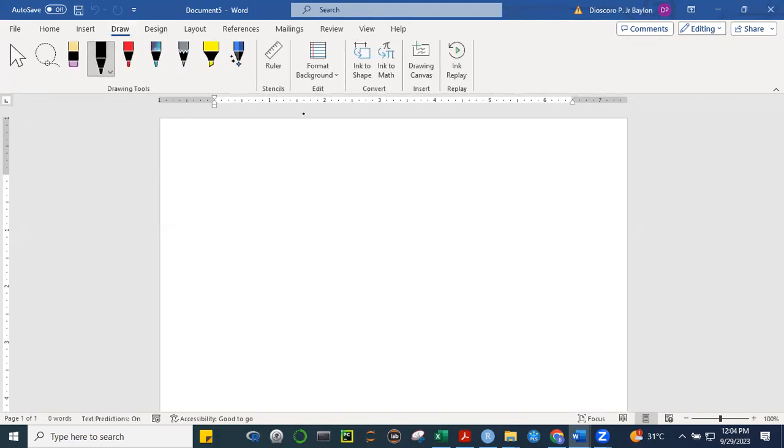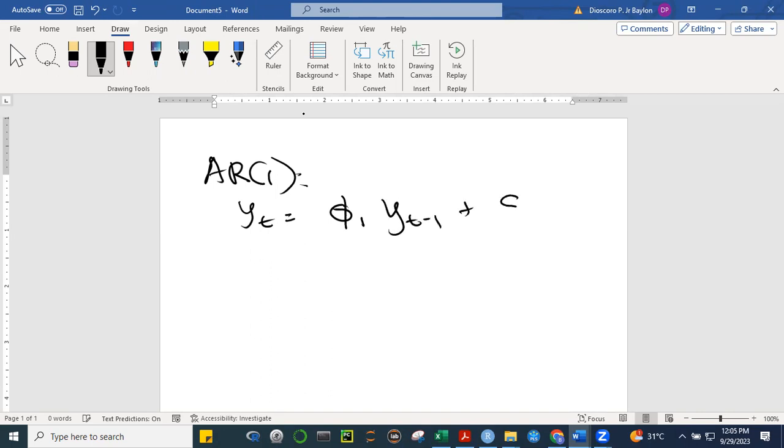Okay. So an AR1 process is defined as y sub t is equal to, let's just make it simple, without the alpha and the beta null, to be faster, phi 1 times y sub t minus 1 plus epsilon sub t. Okay, so this is your AR1.